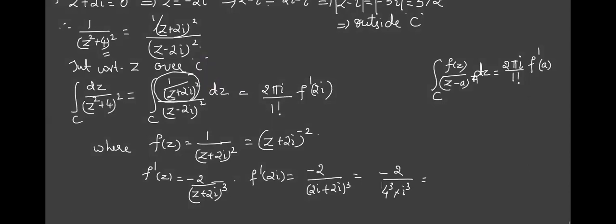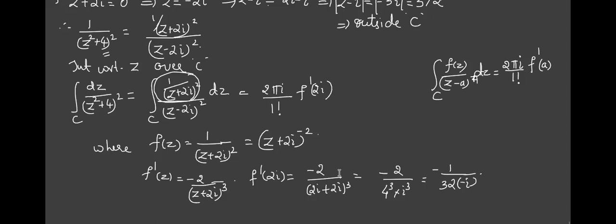One of the two will be cancelled. 4 cube is 4 square into 4, 4 square is 16, 16 into 4 is 64, one of the two will be cancelled, so 32. And what is the i cube value? Minus i. i square into i, i square is minus 1, so it is minus i altogether.